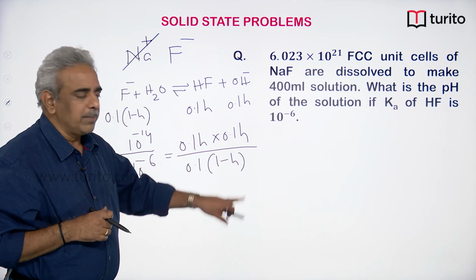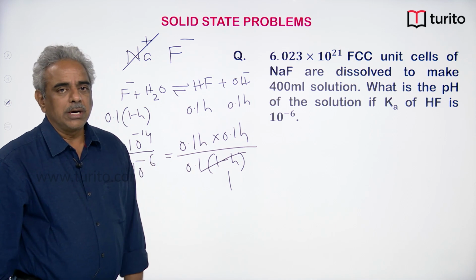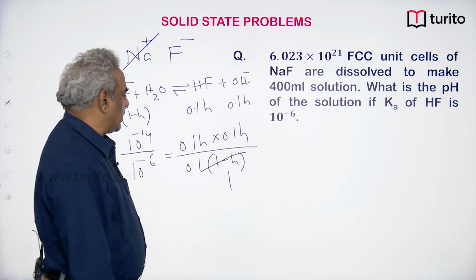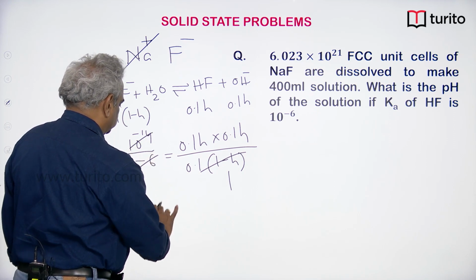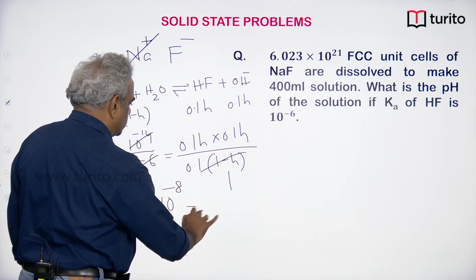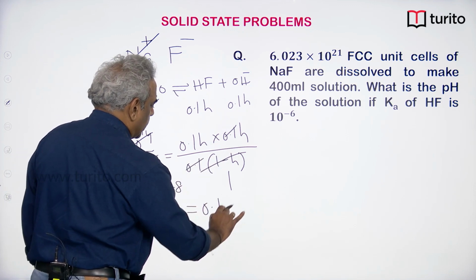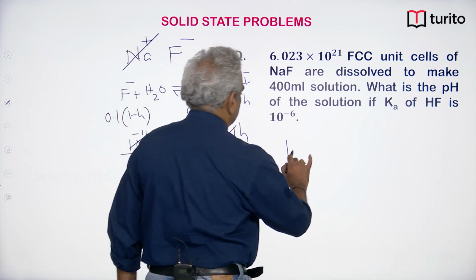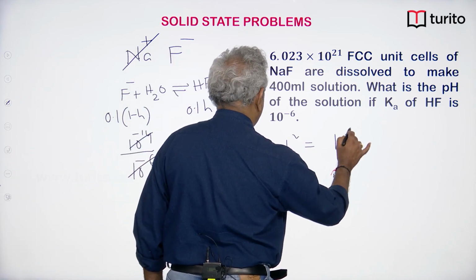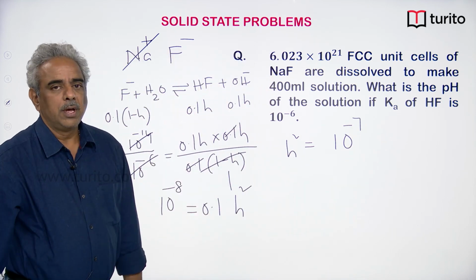So, in 1 minus h, I can ignore h value and call it as 1. So, what am I going to get? 10 power minus 8 is equal to 0.1, 0.1 cancel, 0.1 h square. So, h square is equal to 10 to the power of minus 7.